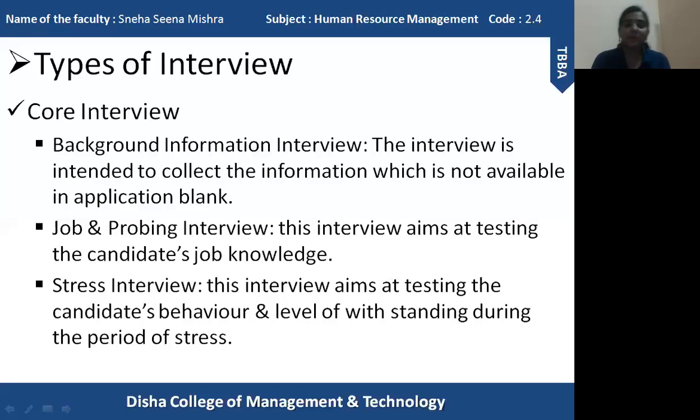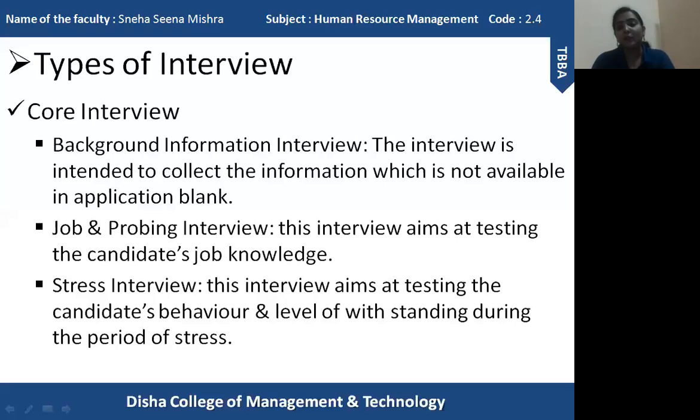Okay. The next one is the stress interview. This interview is conducted to find out to what extent the candidate is capable of managing and handling stress. In this interview, the candidates are put under stress and strain so that the people who are taking the interview can observe the behavior of the candidate.